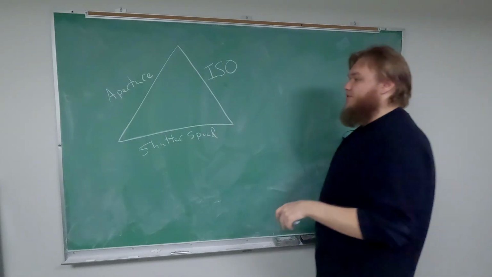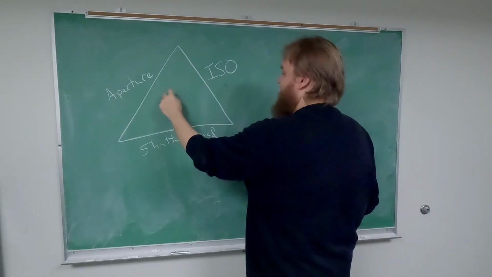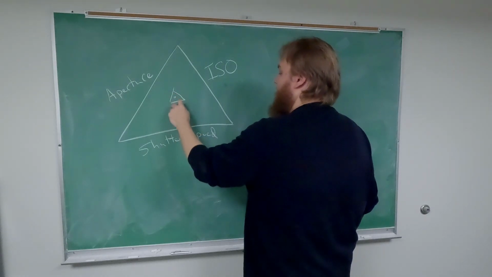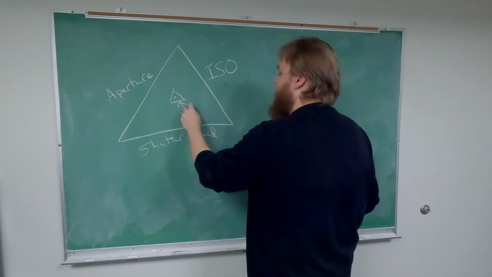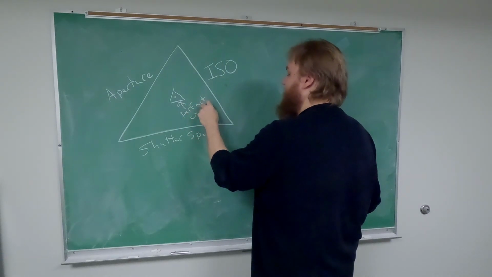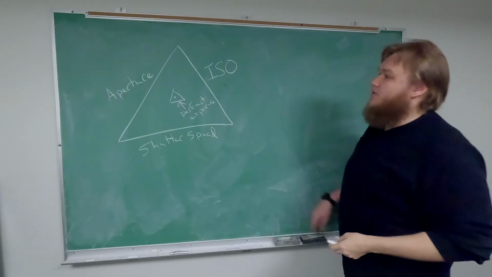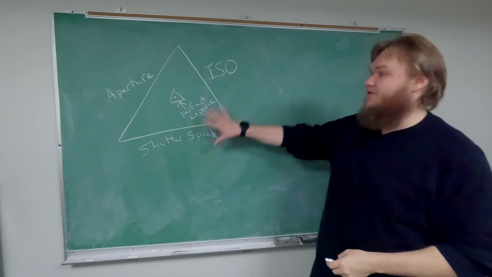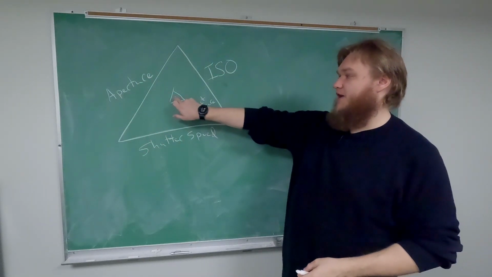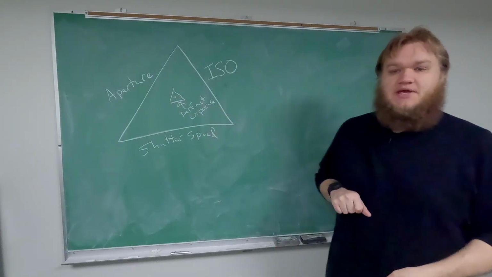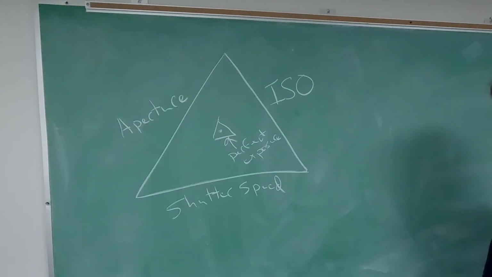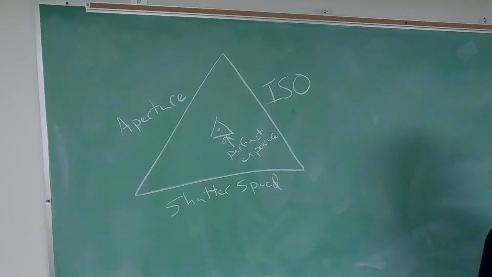Now, the key point is that there is a zone inside of here, which is a perfect exposure. And we are manipulating these three variables using our camera's settings in order to get our exposure inside of that perfect exposure area. That's just the basic idea.